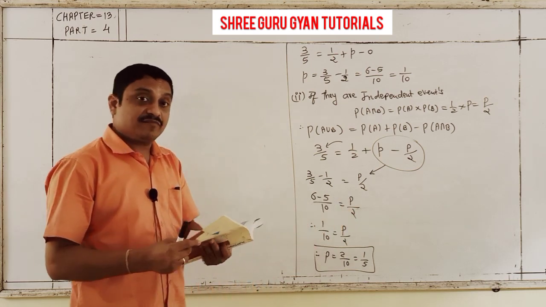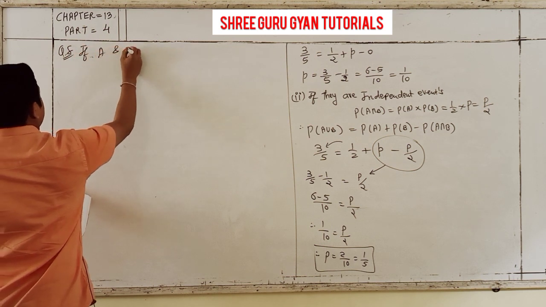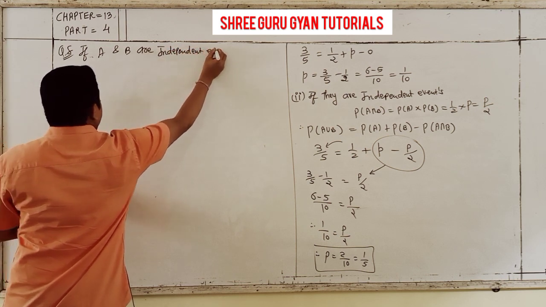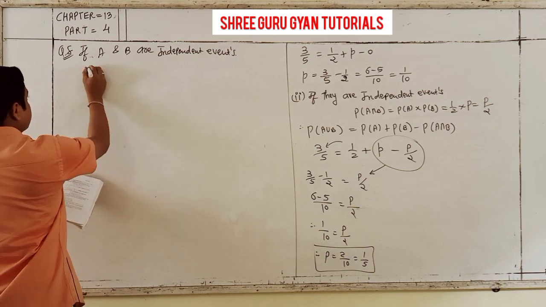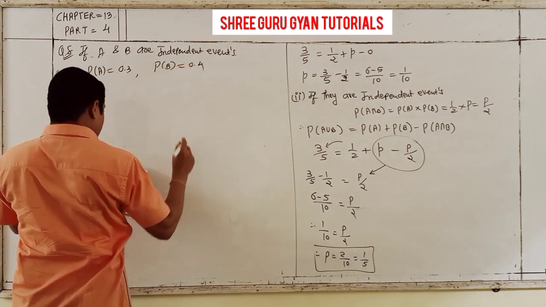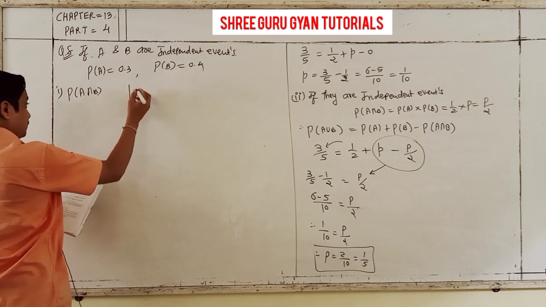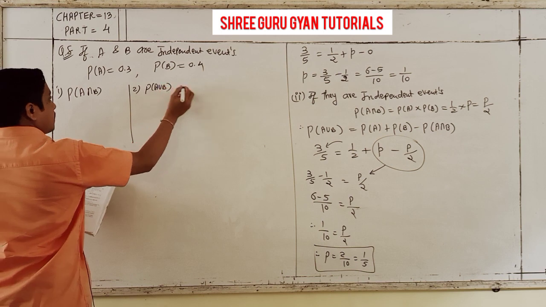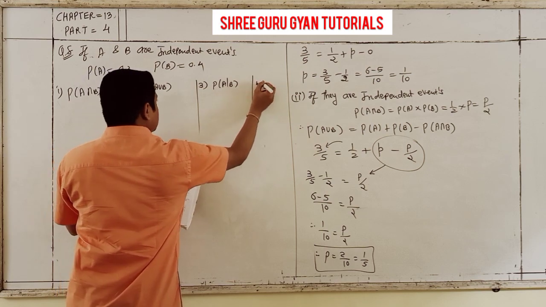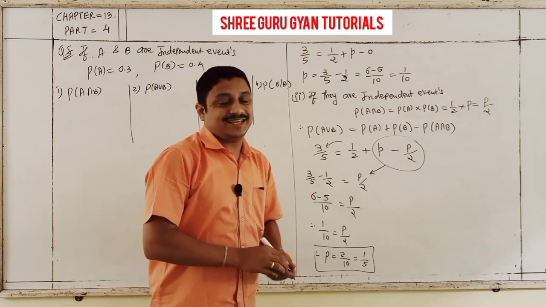Let A and B be independent events, and given that P of A is 0.3 and P of B is 0.4, and it asks further 4 questions: first, P of A intersection B; second, P of A union B; third, P of A given B; and fourth, P of B given A. There are 4 different questions asked.